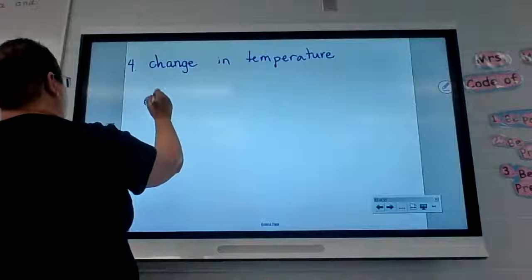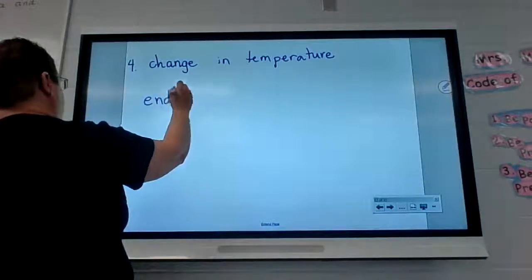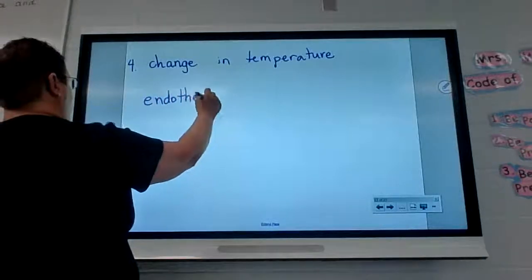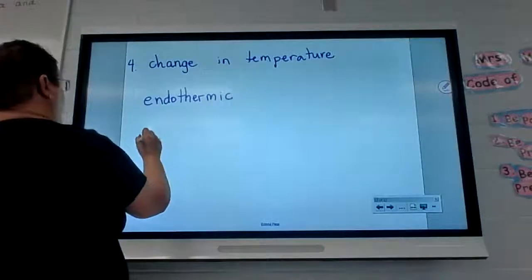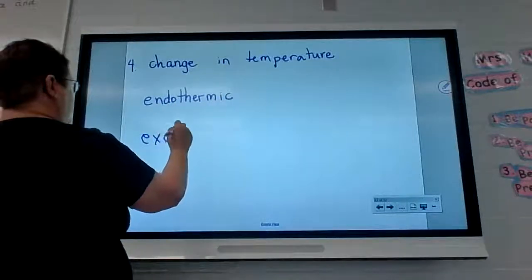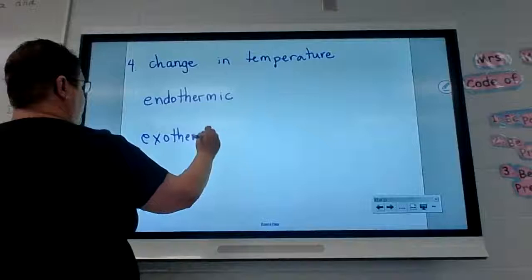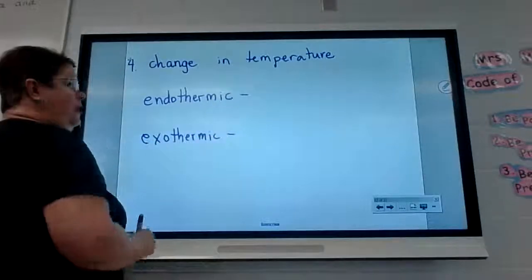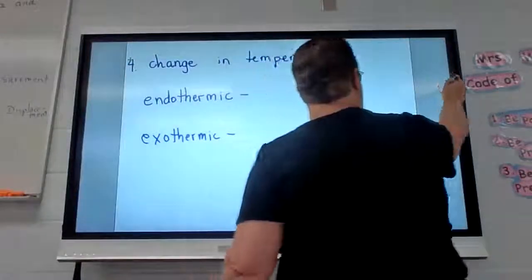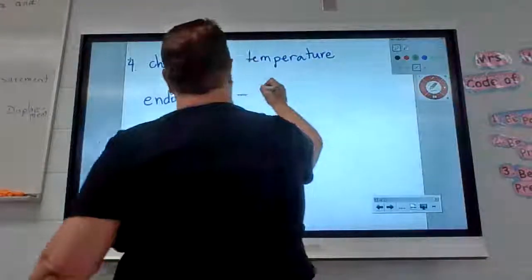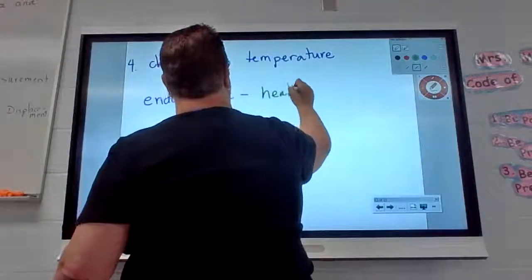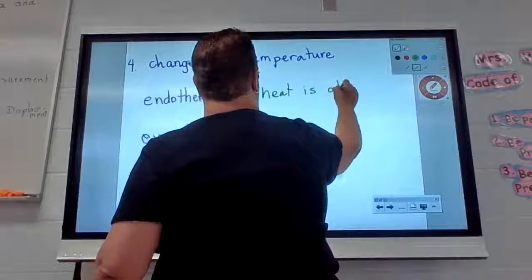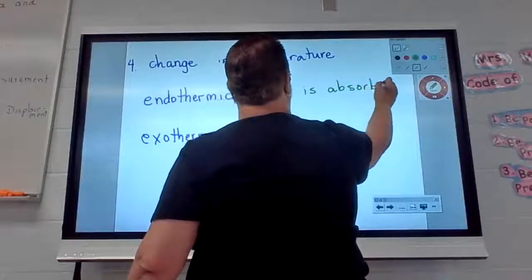So, probably in one of your science classes, you talked about these 2 words, endothermic and exothermic. Okay, endothermic means that heat is absorbed. Endo means what?